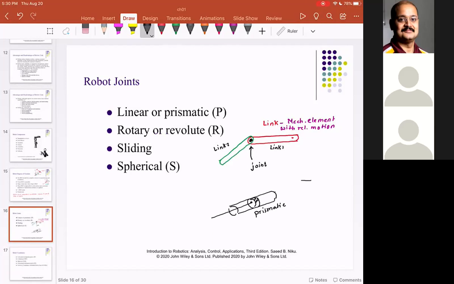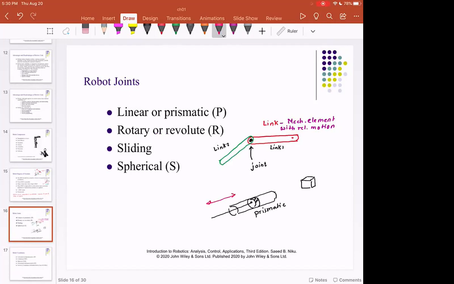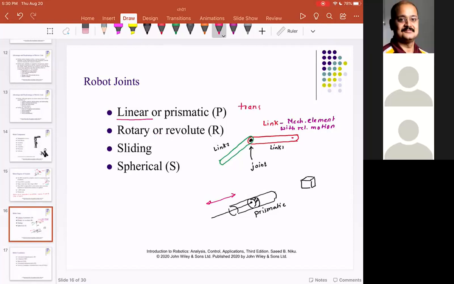And the prismatic joint is denoted by something like this. It can only support a forward and backward or reciprocating motion. So a prismatic joint is also called linear because it can go forward and backward. So it can have translatory motion.